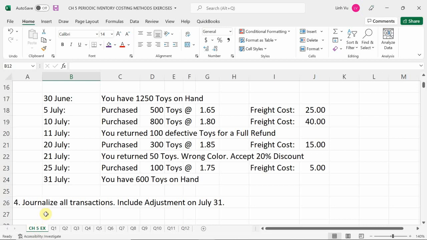July 20th, I end up purchasing 300 toys at $1.85 with a freight costing $15. So 300 at $1.85 and a freight of $15.